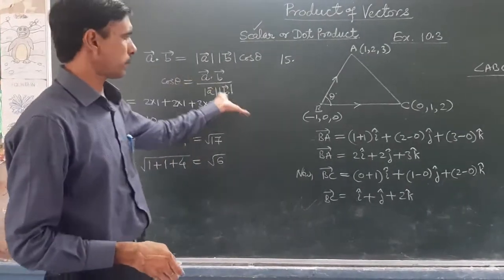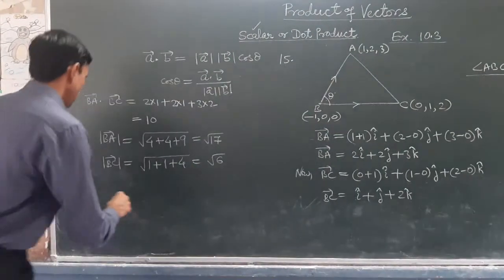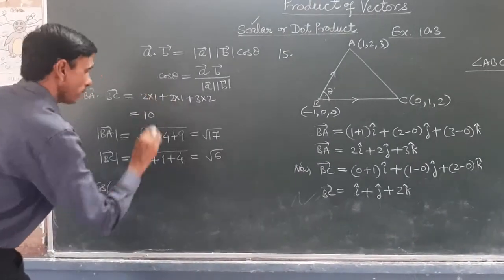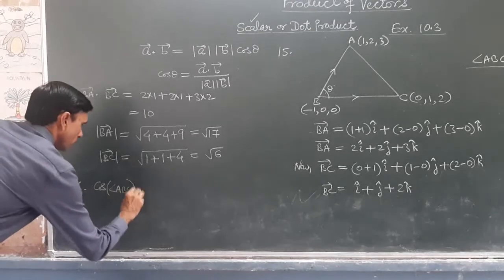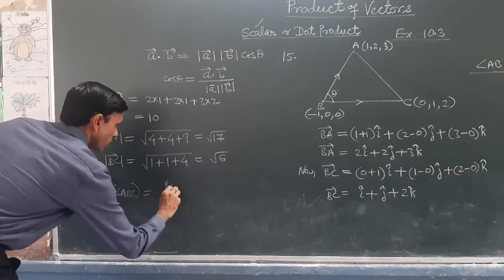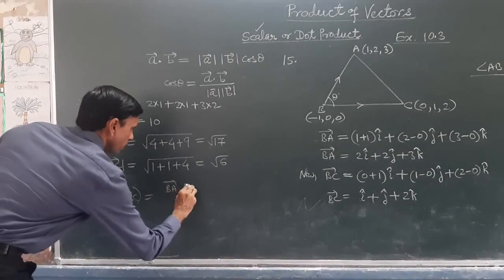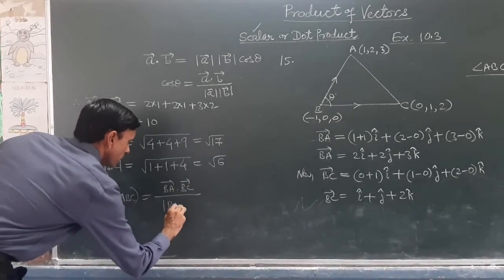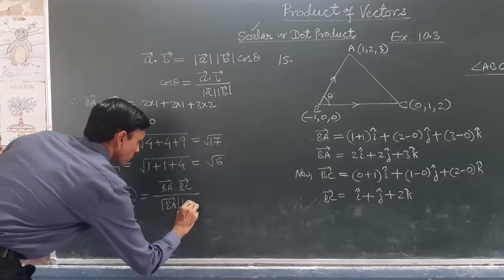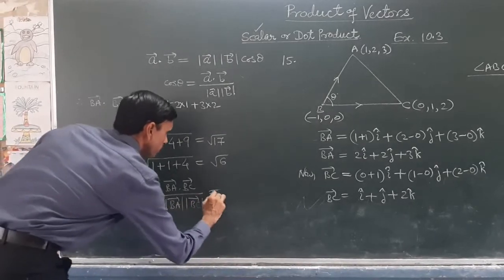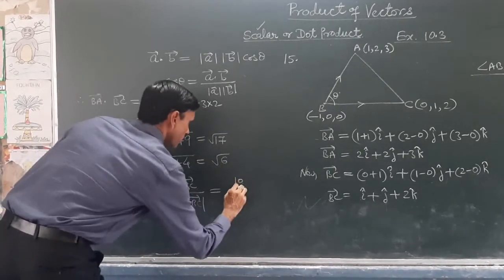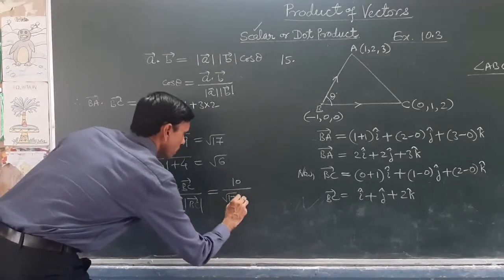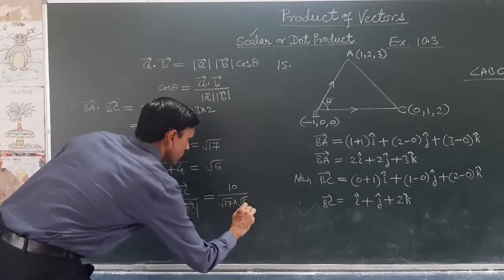तो cos थीटा का फॉर्मूला है, सारी वैल्यू आपके पास आ गई, लिखेंगे therefore cos एंगल कौन सा है, ABC, फॉर्मूला जरूर लिखिएगा, BA dot BC मैग्नीट्यूड BA मैग्नीट्यूड BC, it is 10 upon root 17 into under root 6.